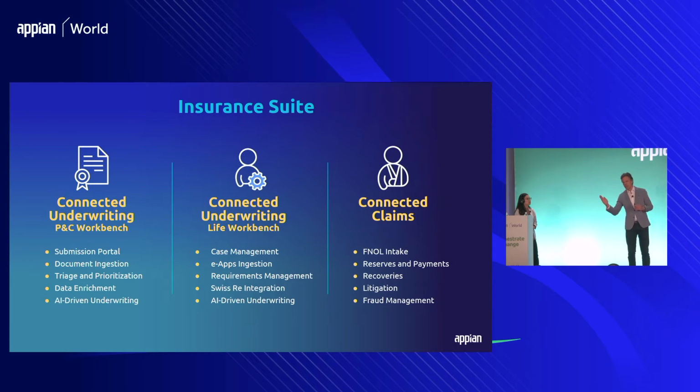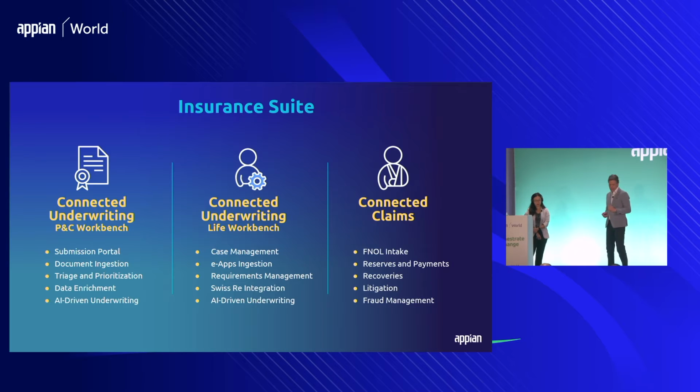And on the right-hand side, you see connected claims, which is a very vast and deep solution built on Appian with 7 different modules, from first notice of loss, settlement, fraud analysis, litigation, field operations, really providing you a capability to build that on top of your legacy, filling the gaps, but getting that end-to-end view and tackling especially claims leakage and really bring your customer service to the next level. But today we're honing in on connected underwriting for life.